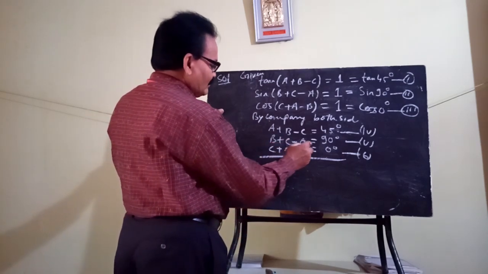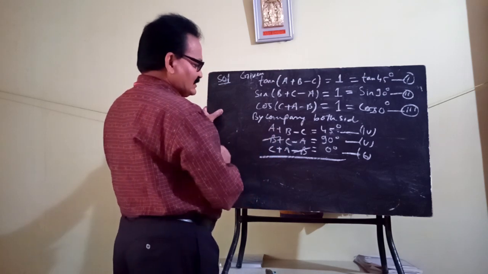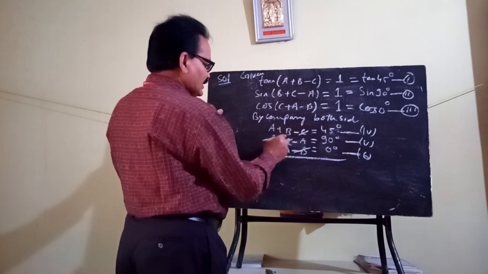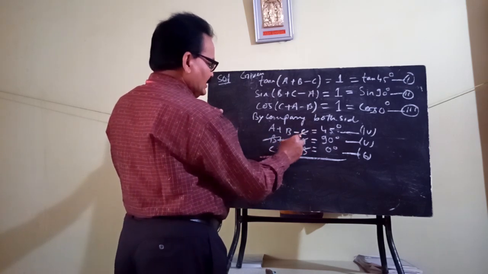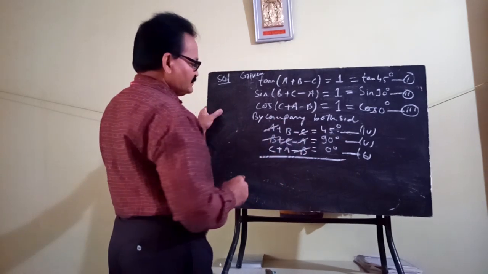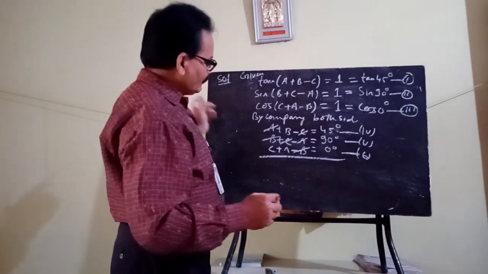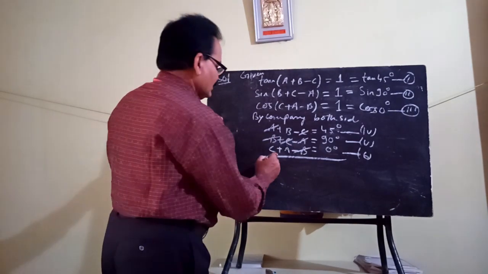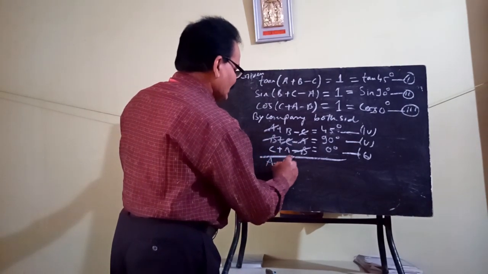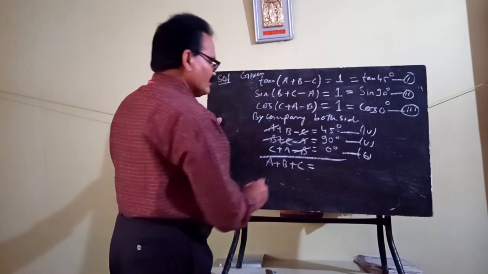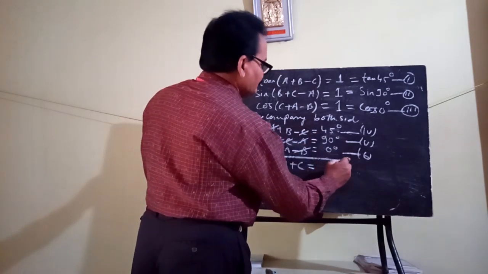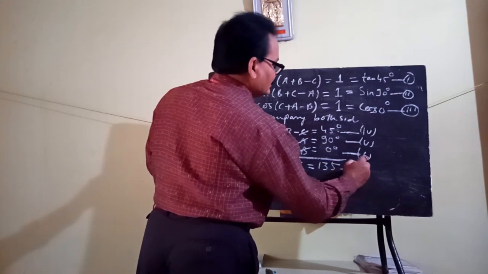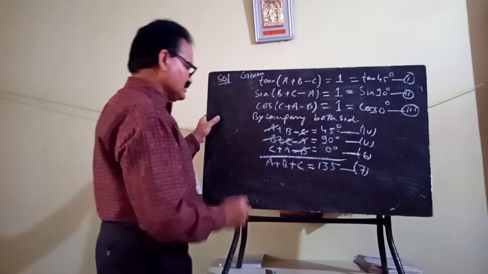When you add, plus b and minus b cancel, minus c and plus c cancel, minus a and plus a cancel. Then what will remain? 1a, 1b and 1c will be there. Then a plus b plus c will be equal to 135 degrees. This you can consider as your equation 7.